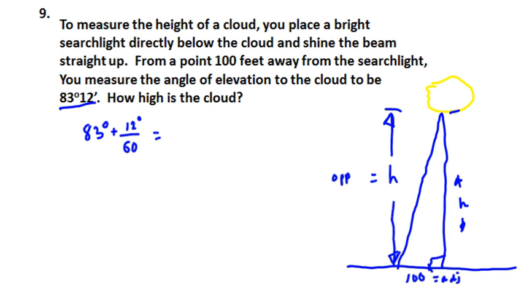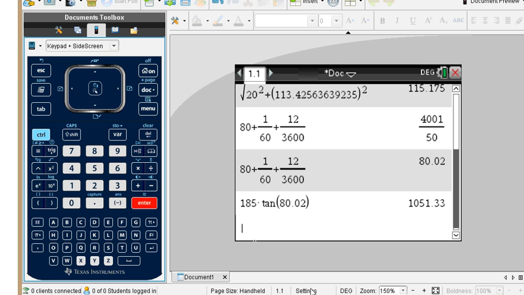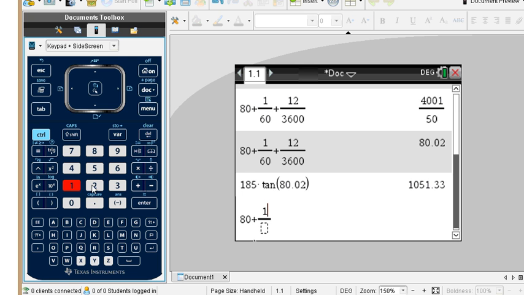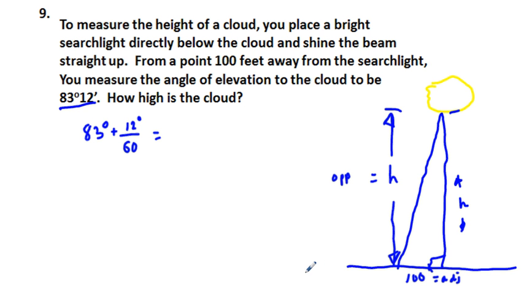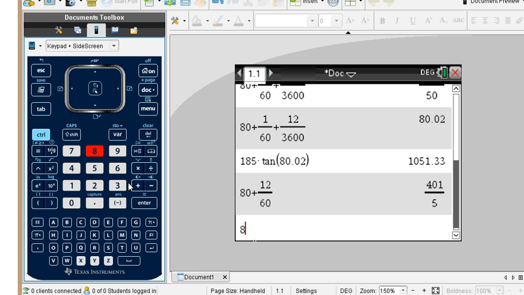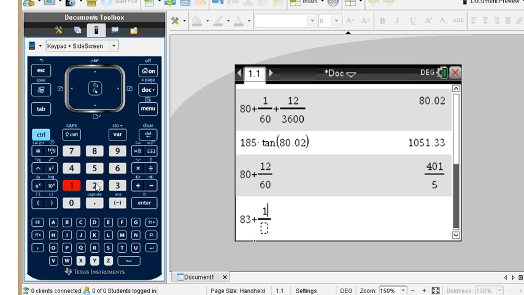And that's going to be, going to our calculator, 83 plus 12 over 60.